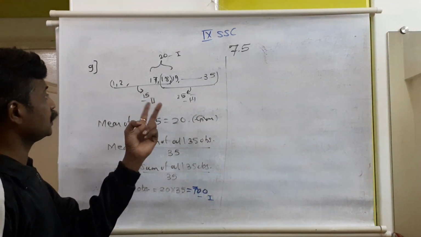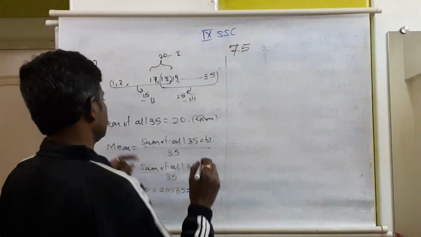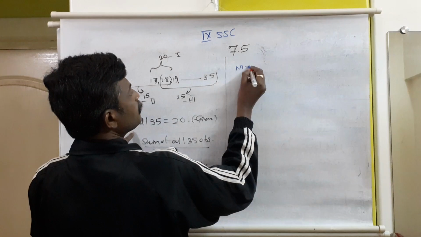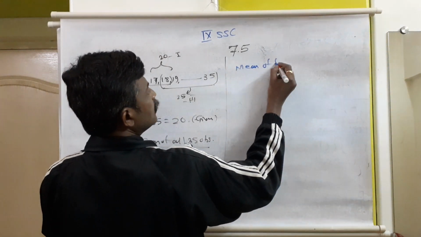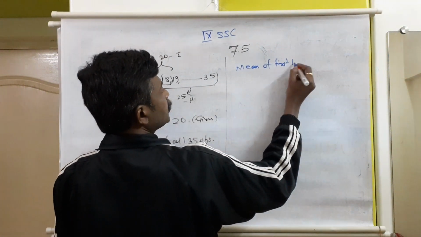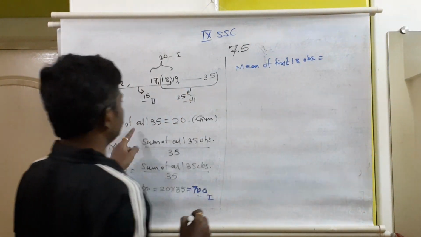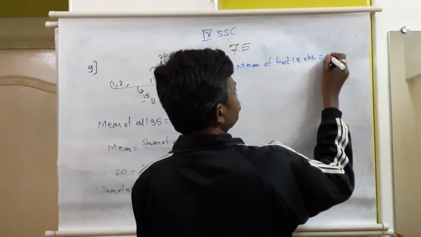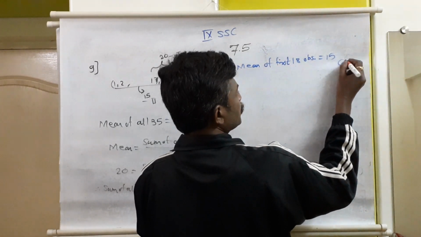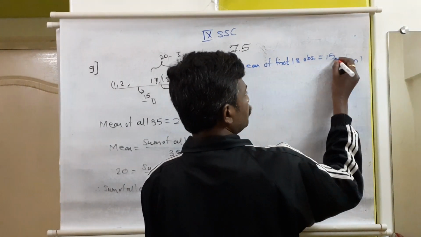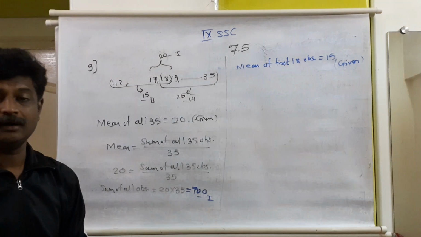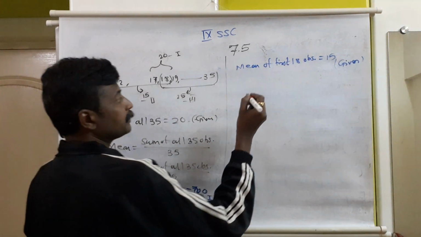Given information number 2, mean of first 18 observations is given 15. This is given in the question. Given information number 2, this was given information number 1. Now how to find out mean?